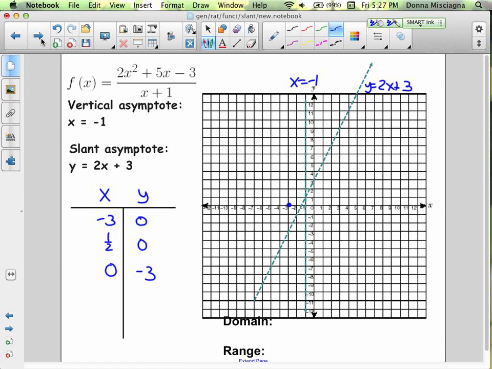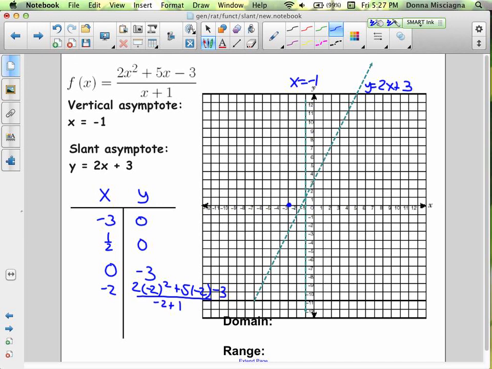Oops. And let's go here. All right. So let's plug in -2 and -4 real quick. So if we have -2, we'd have 2 times -2 squared plus 5 times -2 minus 3, all divided by -2 plus 1.